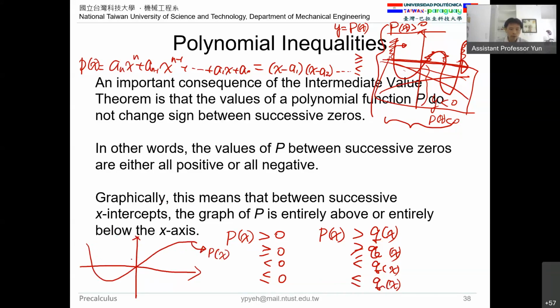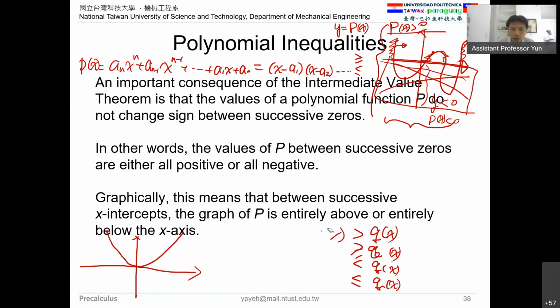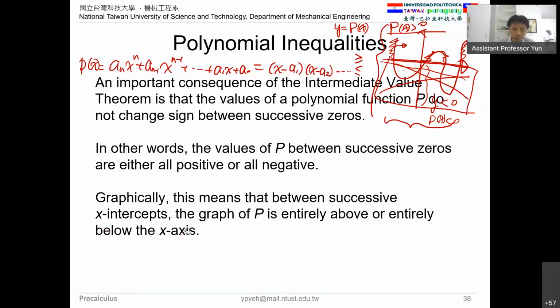Maybe I will say, if we find that p of x is equal to, for example, x squared here, p of x equal to x squared, right? We assume that the p of x function is x squared, for example, okay?